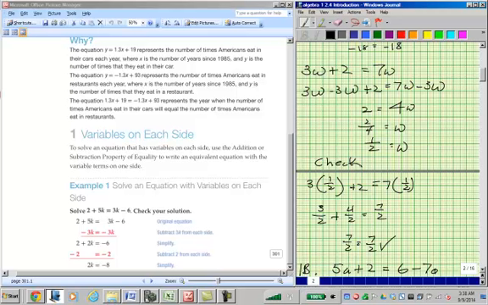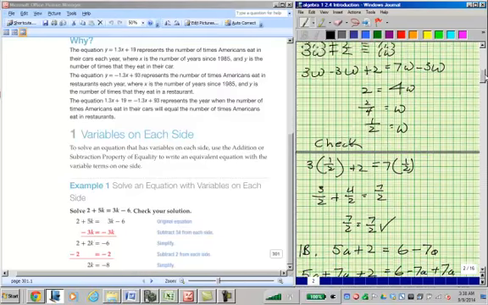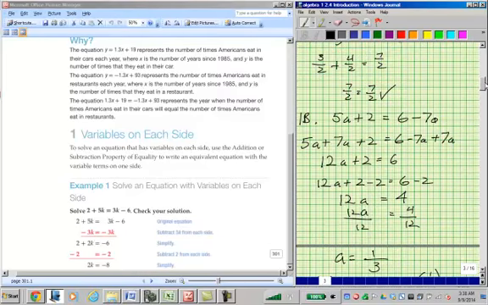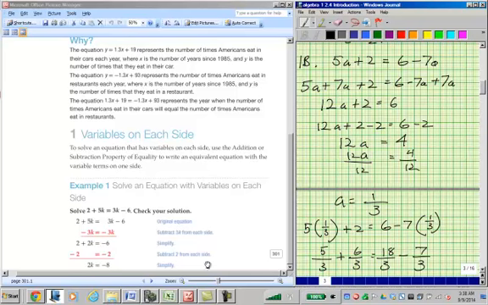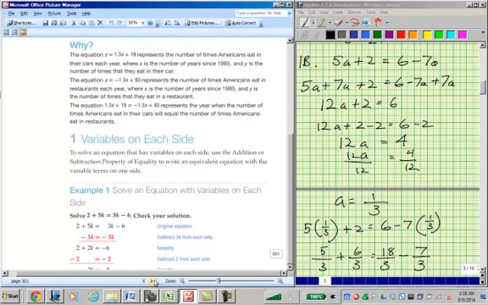Okay, so here's 1b. Let me move down the pages here. Go to the next page. Okay, so here's 1b. 5a plus 2 equals 6 minus 7a.